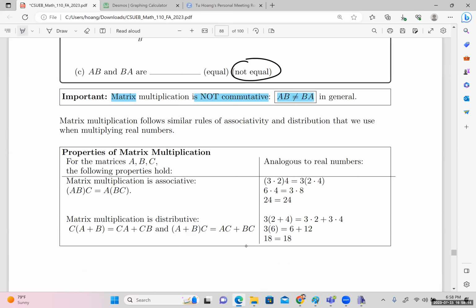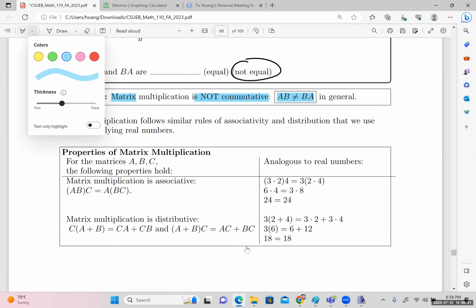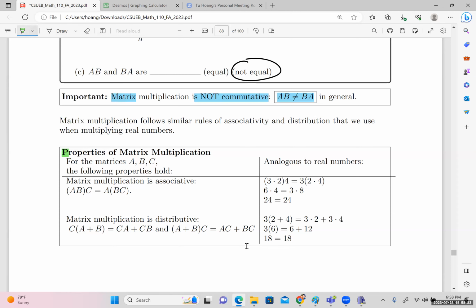We can have matrix multiplication follow similar rules of associativity and distribution that we use when multiplying real numbers. So the properties are all below here.